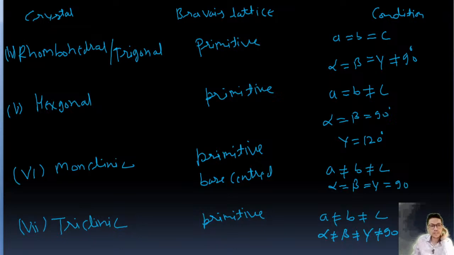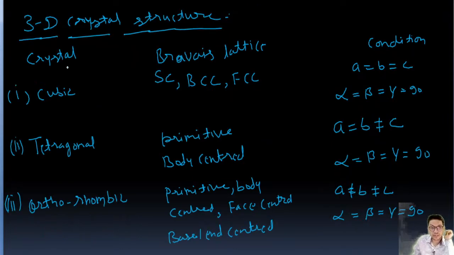So these are the crystals. There are 7 crystals, and these are the Bravais lattices, and this is the condition. Now I'm telling you the trick for how you are going to learn these crystals, which is important.